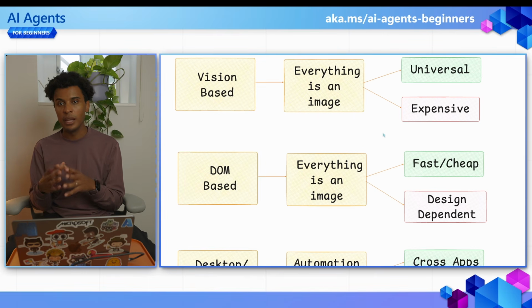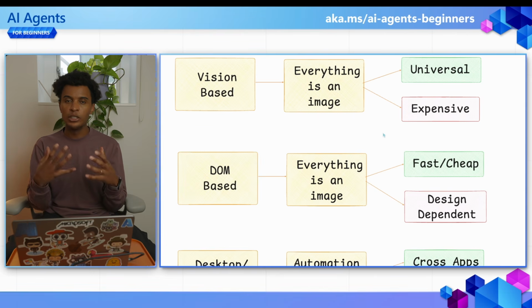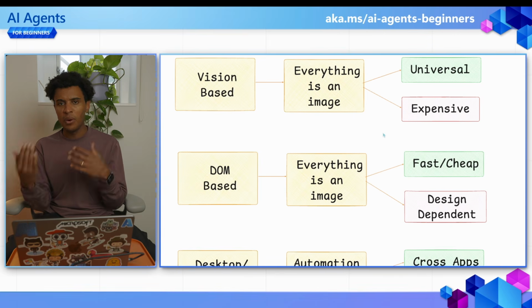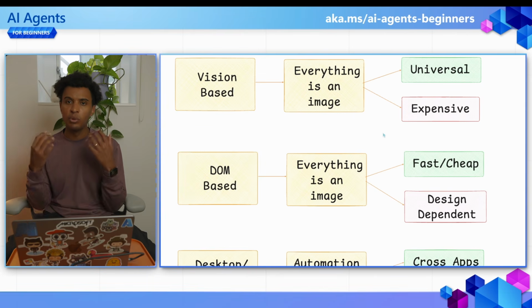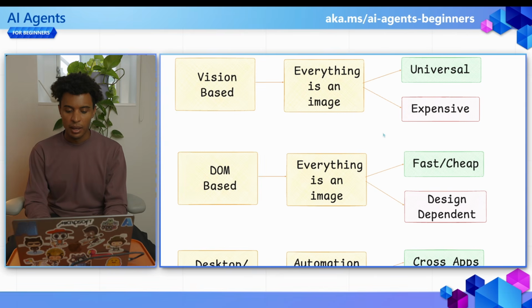You are basically now able to take the code, which takes up much fewer tokens, and it's also much more efficient and cheaper. But the con is that this is design dependent. If you don't have proper tags in the website, or proper descriptions through the code itself, it can be tricky for an AI agent to really understand what's available to it to complete the task.